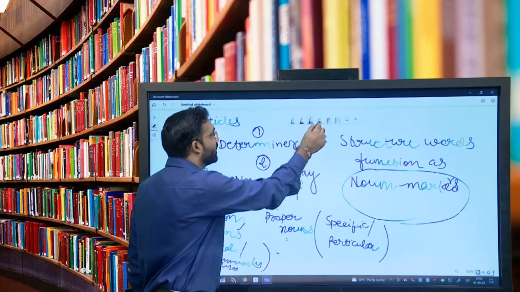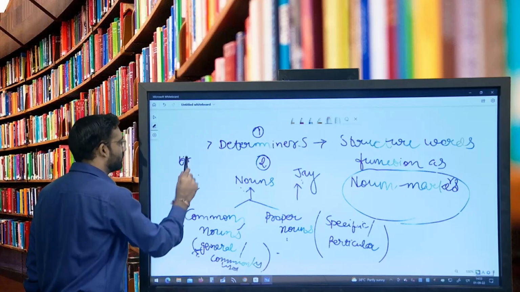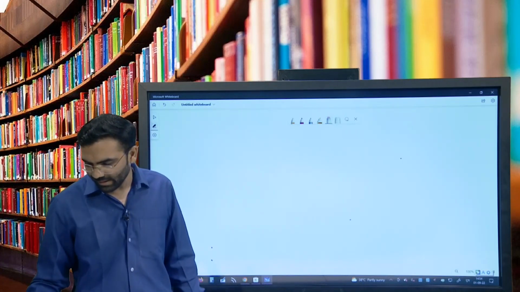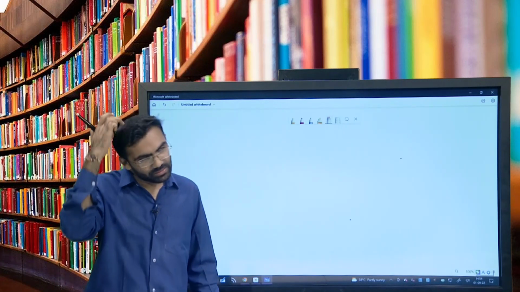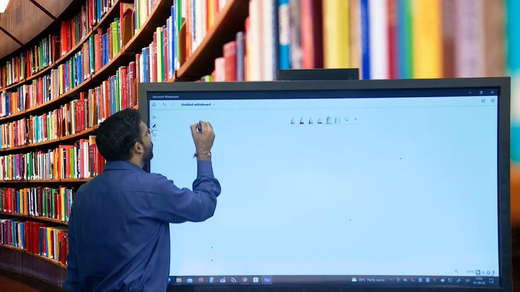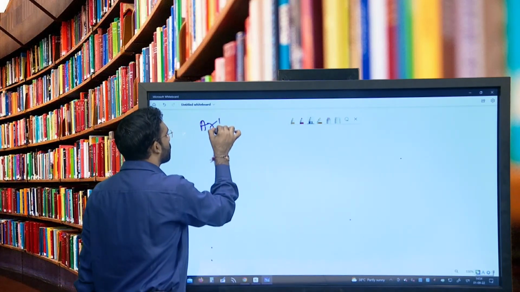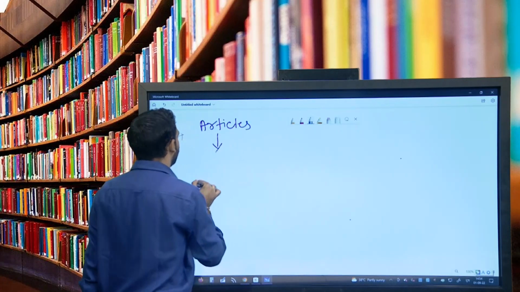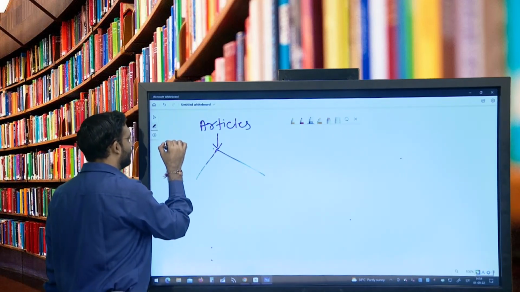Now we will shift to our topic, which is called articles. I'm sure you have learned these two terms: determiners and nouns, especially common nouns. Now when you talk about articles, there are two types of articles.